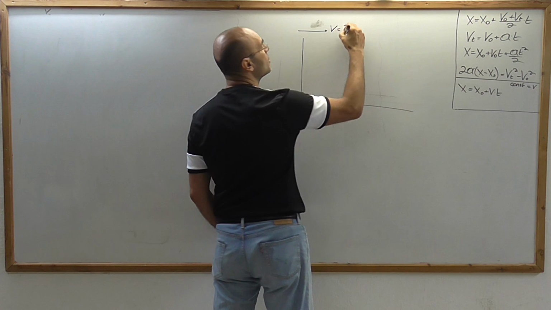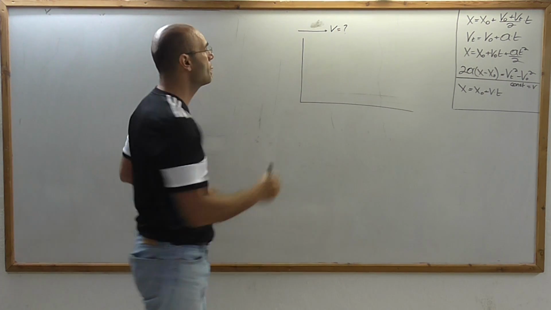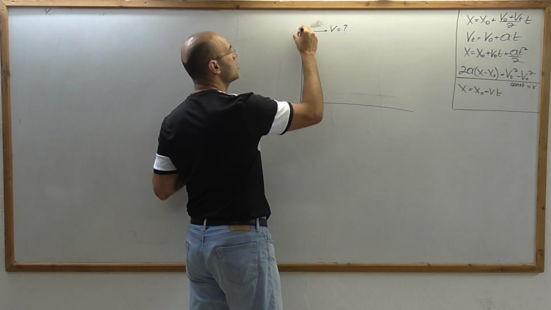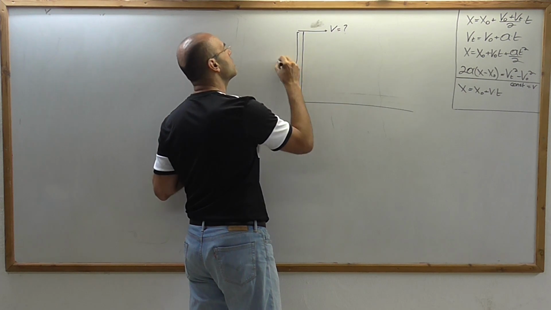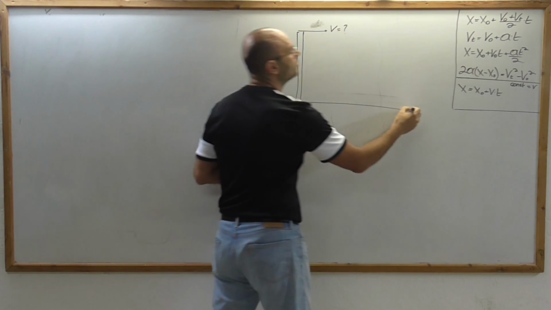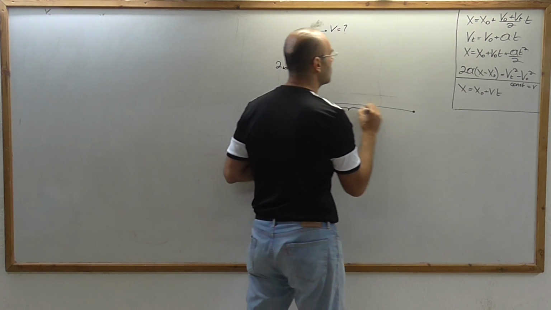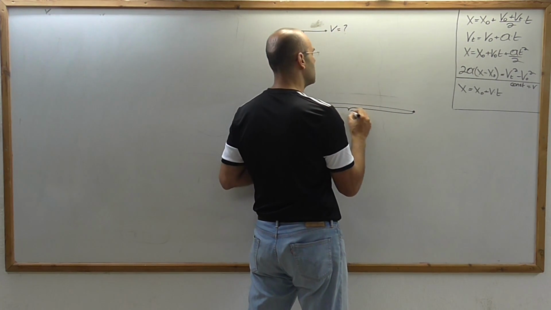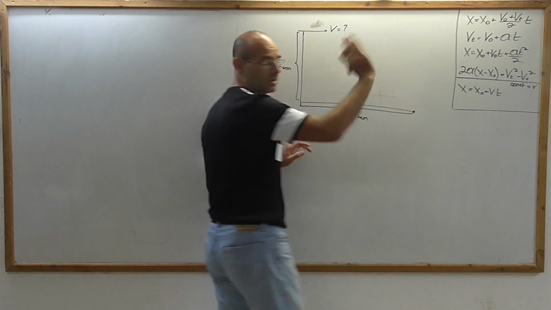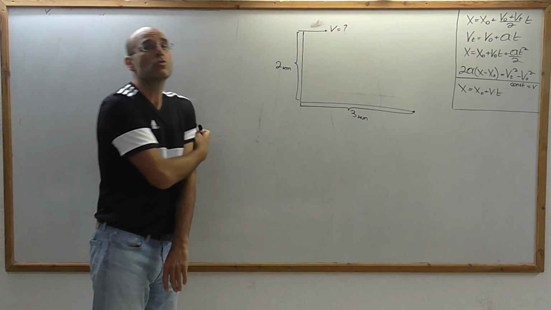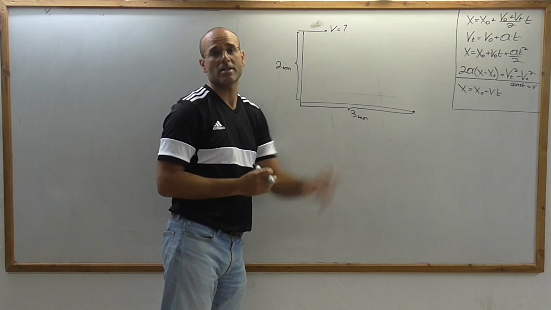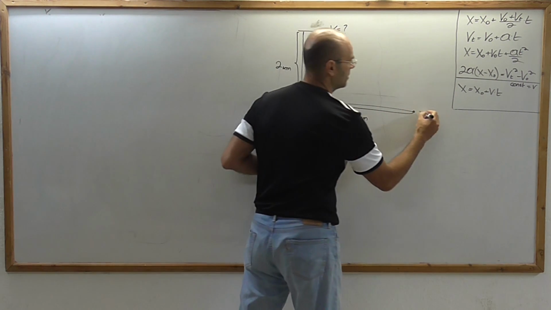And it has a certain velocity. I don't know what the velocity is. And once it reaches, let's say 2 kilometers, it sees a target here. The target, let's say it's around 3 kilometers ahead. And the plane wants to bomb this target, okay? Target.